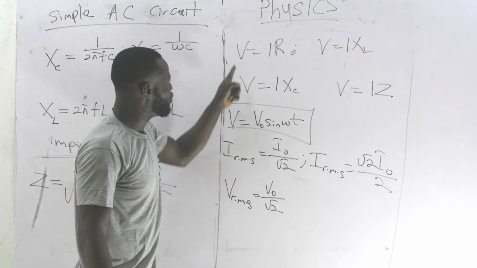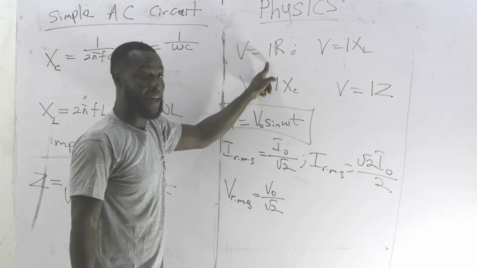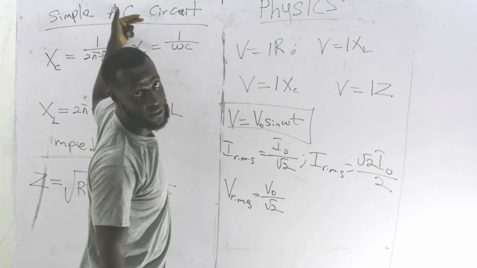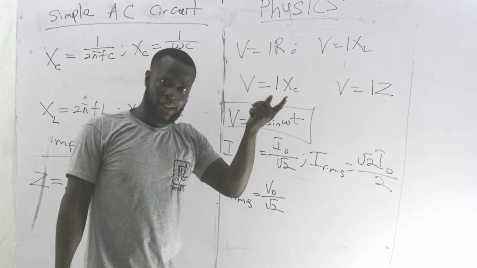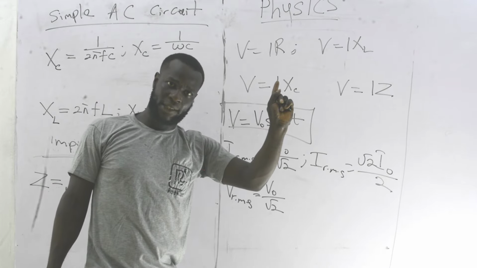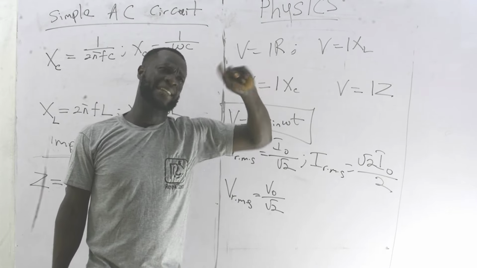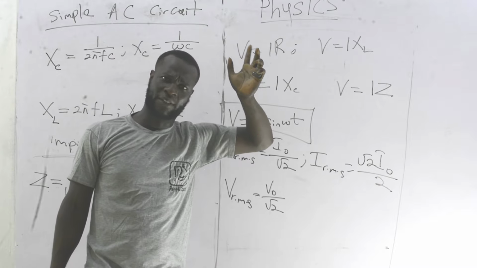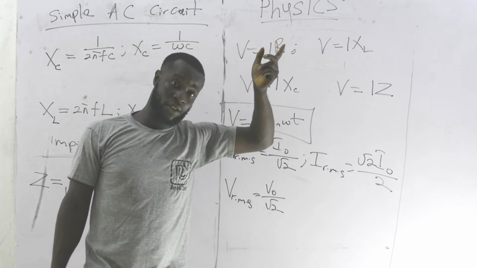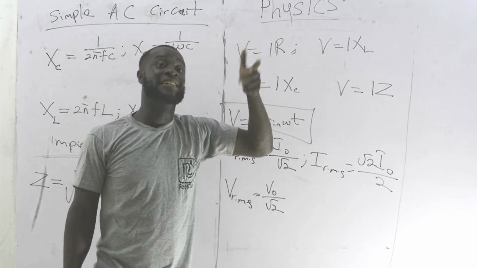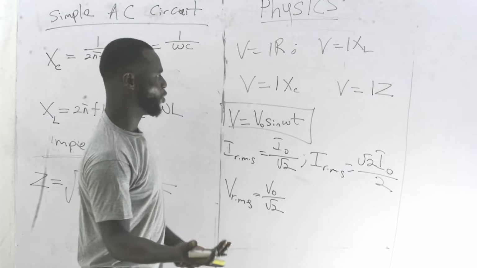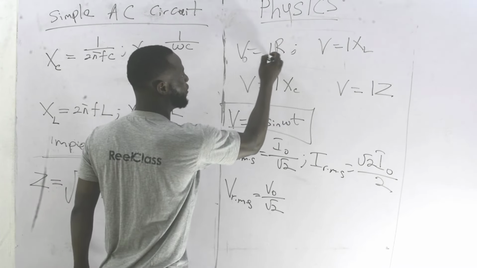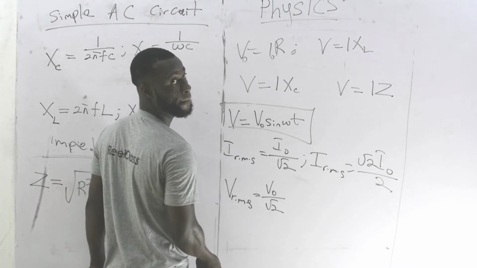And you already know that there are two types of V and there are two types of I when we are talking about AC. In fact, there are three types. There is the instantaneous, but they will not bother you most of the time with the instantaneous. There is the instantaneous, there is the peak, and there is the root mean square. So I can say V naught, I naught. Yeah.